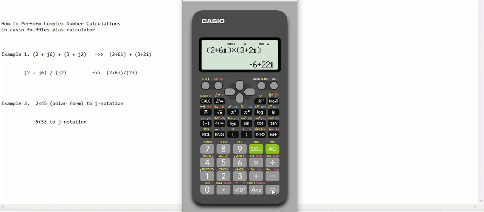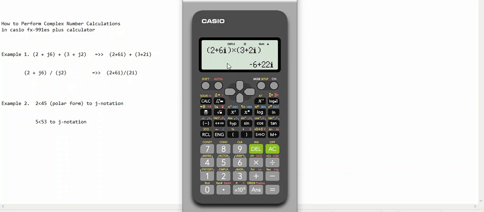If I press equal to, it performed that complex multiplication, which requires us to open up this bracket: 2 times 3 is 6, 2 times this is 4i, plus this times this gives you 18i. Then 6 times 2 is 12, and when you multiply i by i, it gives you -1, and after all that, you're going to have the final result to be this.